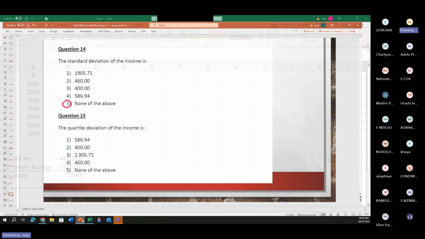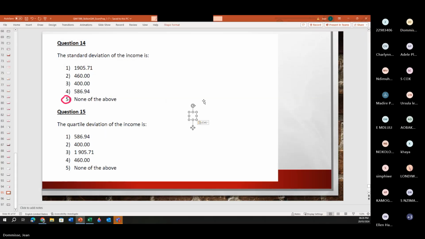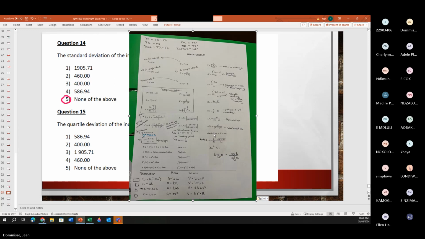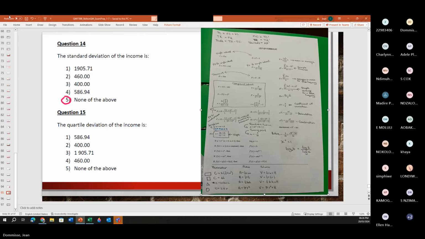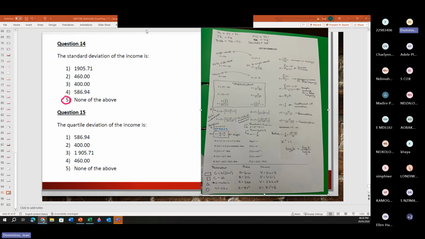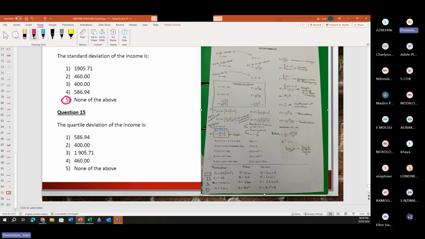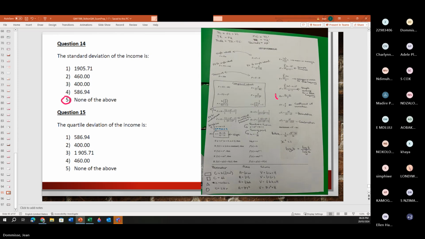Okay, so let's quickly put that. If you look at something that I did not really see at the beginning, but only saw in this, there is the QD. So that is your quartile deviation.